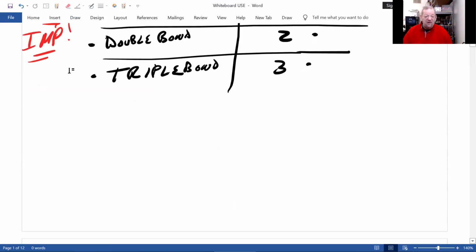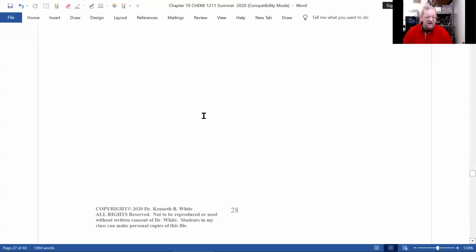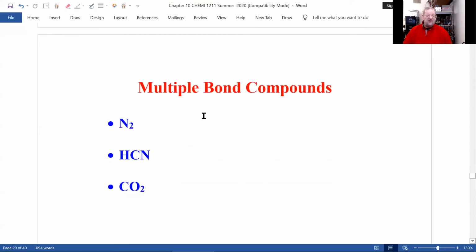And now let's go and look where we can find single, double, and triple bonds. Let's look at nitrogen. And nitrogen, I'll get it right this time, has 5 valence electrons. And if we go like this, here's one nitrogen.